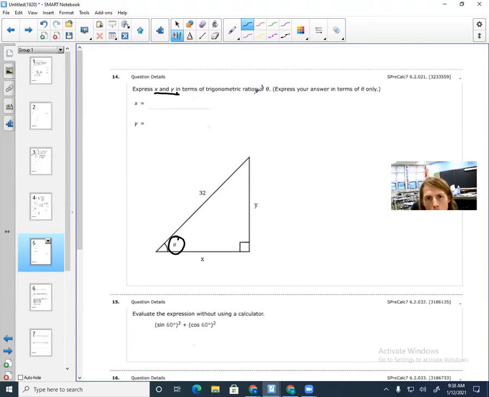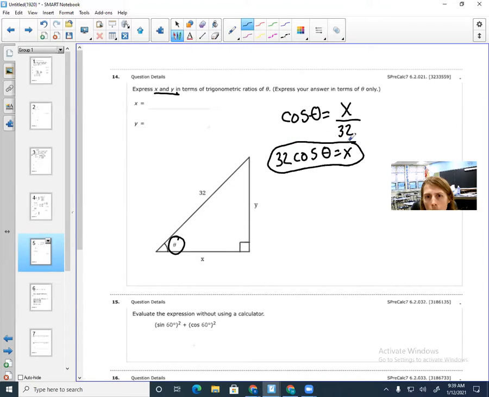So I'm going to use cosine of theta equals X over my hypotenuse of 32. I have to solve for X, so I multiply by 32. And there is my X. Okay, I think you guys can get Y from there, so I'm going to skip Y.